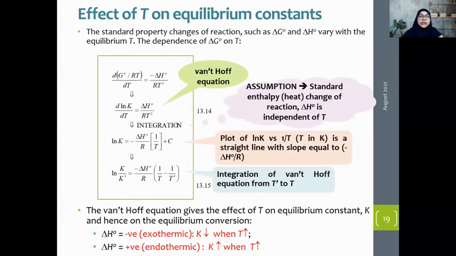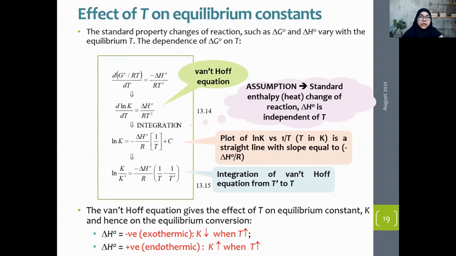Okay, since the standard state temperature is related to the standard property change of the reaction, such as delta G, or the standard change of the Gibbs energy and standard change of the enthalpy will vary with the temperature. The dependence of the delta G on the temperature may be expressed using this following equation.